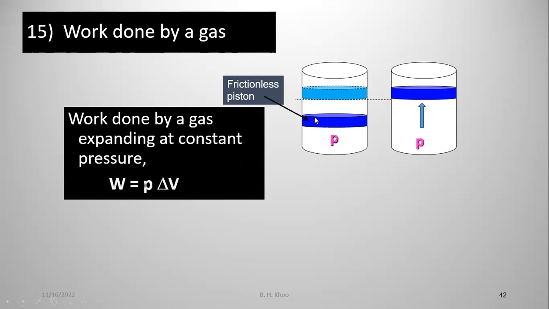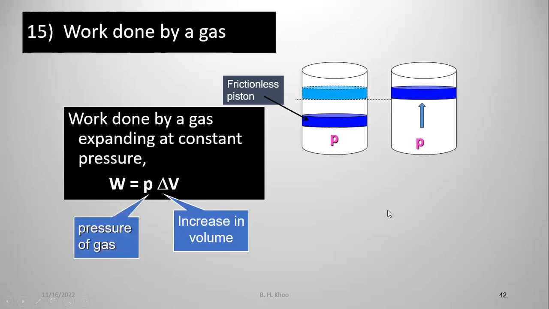Work done equals P times delta V. That's the initial position of the piston, frictionless. It moves to a height H, the final position. The pressure is still the same. So that is an increase in volume, or change in volume, at constant pressure of the gas.